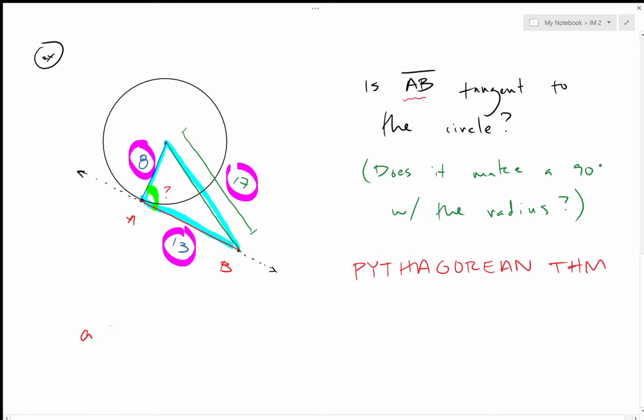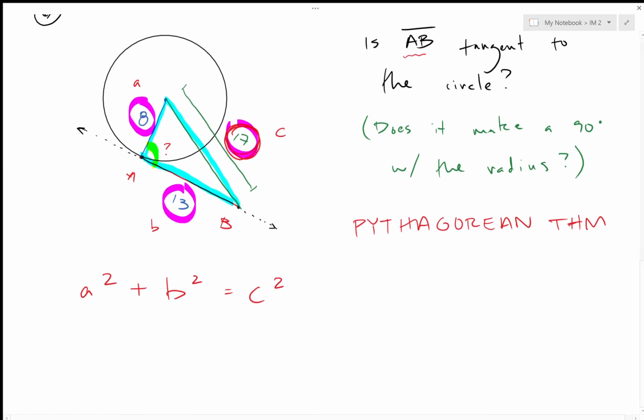And remember that formula is a squared plus b squared equals c squared, where c is the most important side, the hypotenuse, so c would be 17. A and b really don't matter, so I'll go a here and b here. So let's plug those numbers in. So we've got 8 squared plus 13 squared, and c squared is 17 squared.